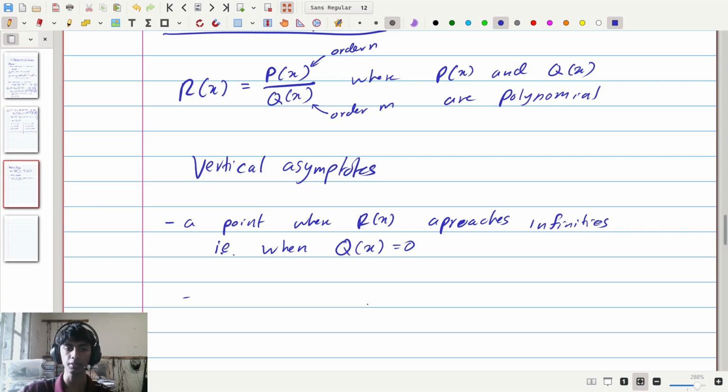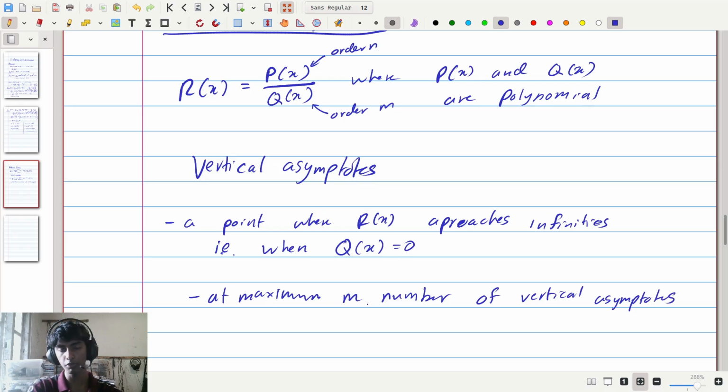So at maximum we will have m vertical asymptotes. It is of course possible for us to not have any vertical asymptotes at all.